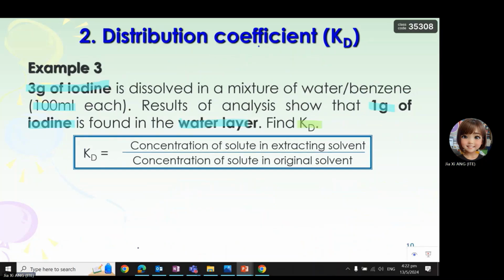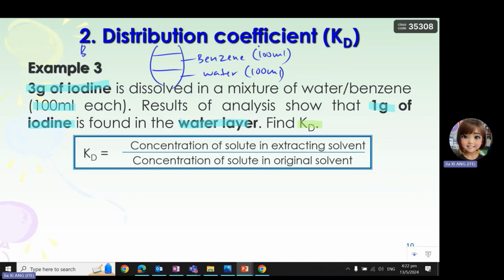Okay. Now let's try to understand the question first by drawing a diagram. Now imagine before extraction, you have benzene at the top layer because benzene has lower density compared to water. And inside, you have 100 ml of benzene and 100 ml of water.